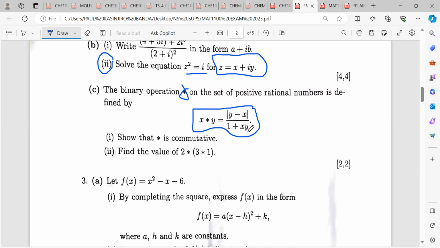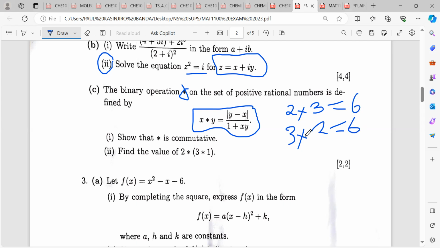So what do they mean by commutative? I'll give an example here. When we say 2 multiplied by 3, what is the answer, guys? And when we say 3 multiplied by 2, what is the answer here? About 6. It's 6.